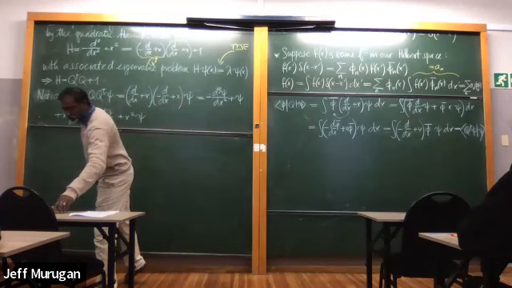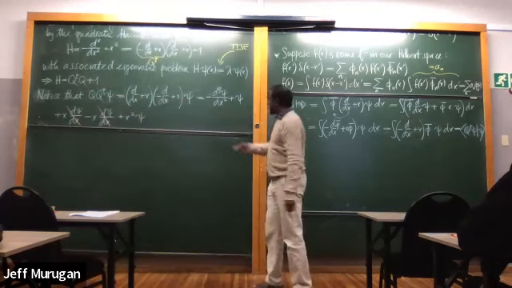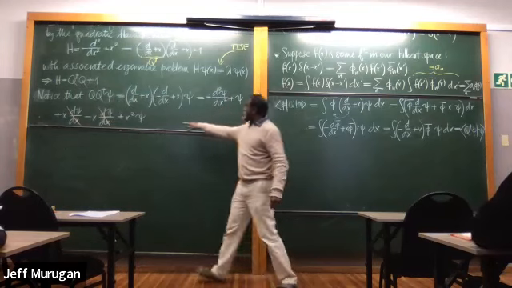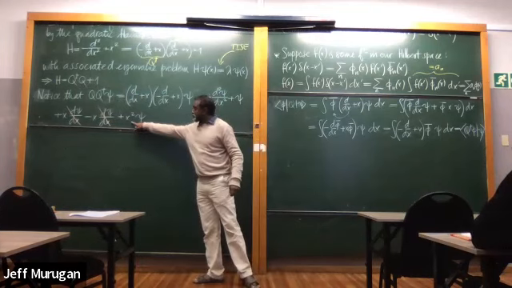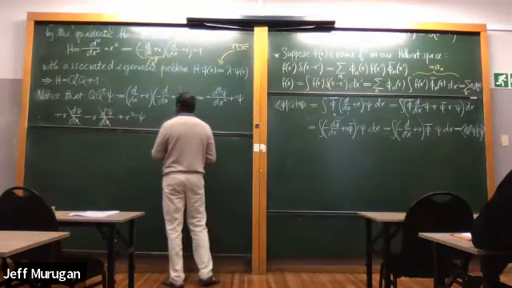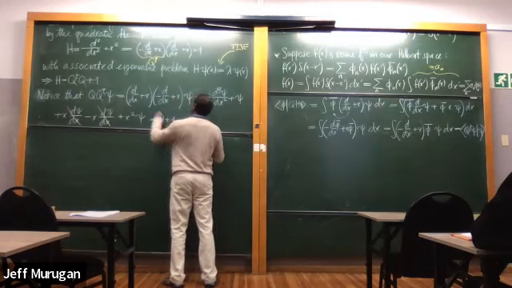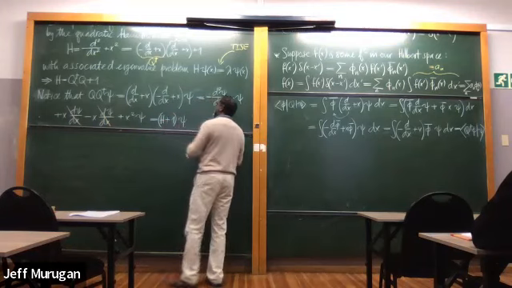These two guys take each other out. And so this is minus d2 by dx squared acting on psi plus x squared psi, plus psi. So this is nothing but the Hamiltonian plus 1 acting on psi.